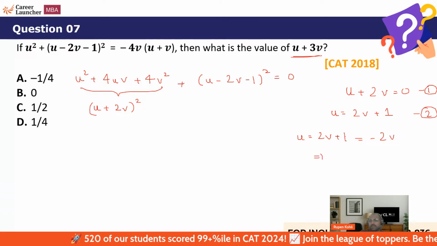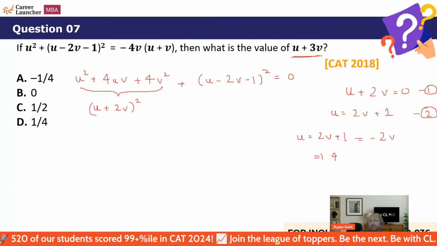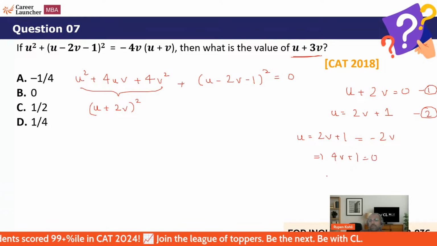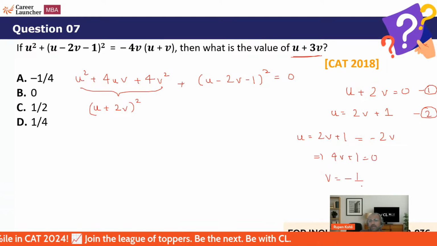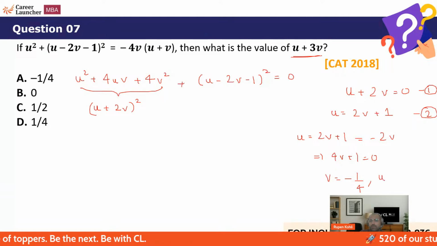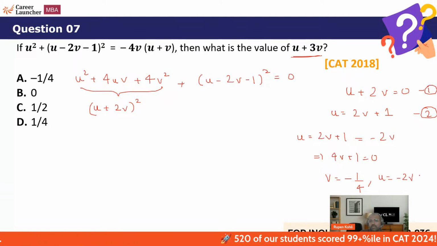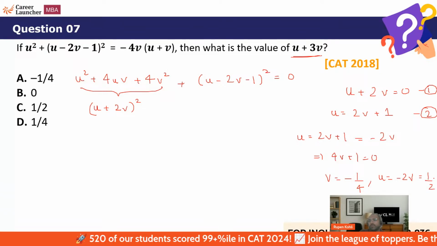So we are getting 4v plus 1 is 0, or v is minus 1 by 4. And if v is minus 1 by 4, then u, which is equal to minus 2v from the first equation, is half. u is half, v is minus 1 by 4.